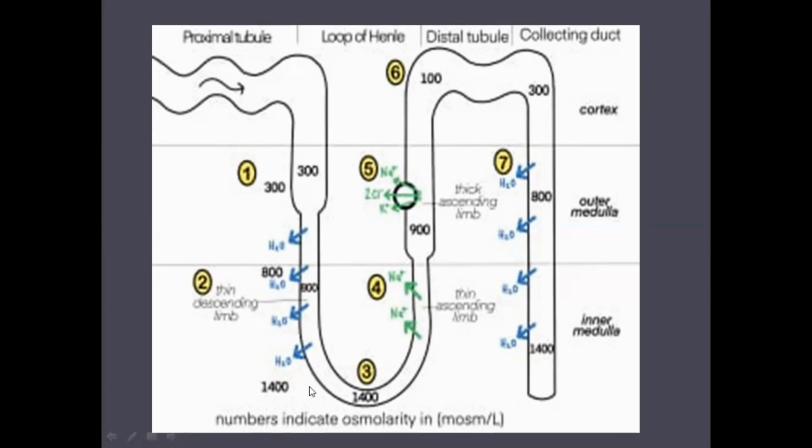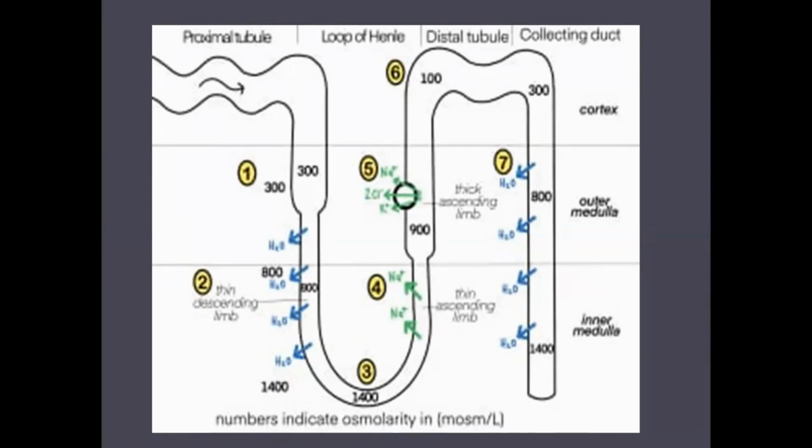Always remember, whenever more water is added, your osmolarity is going to decrease. But whenever your water is lost and you have left behind the concentrated solute, your osmolarity is going to increase.